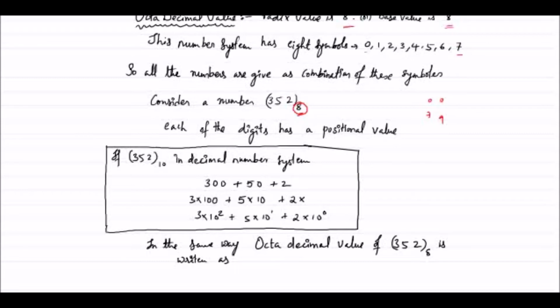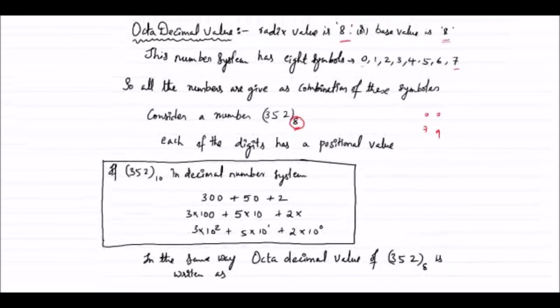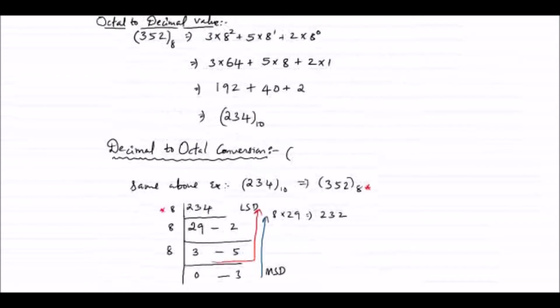So as the decimal value is explained, if the same number has an octal representation, we will see how it is represented.